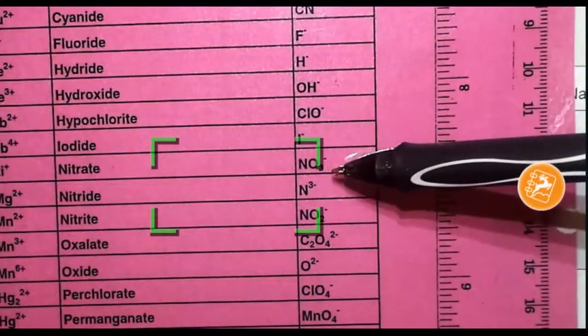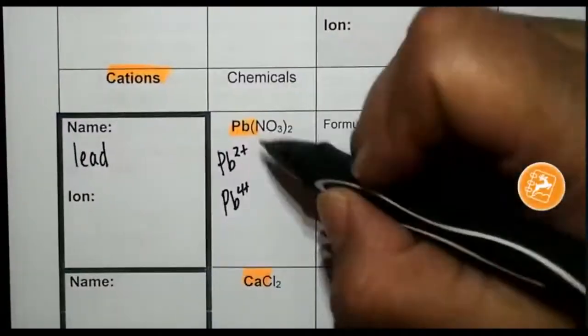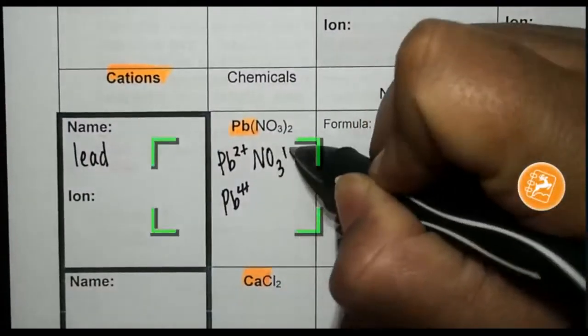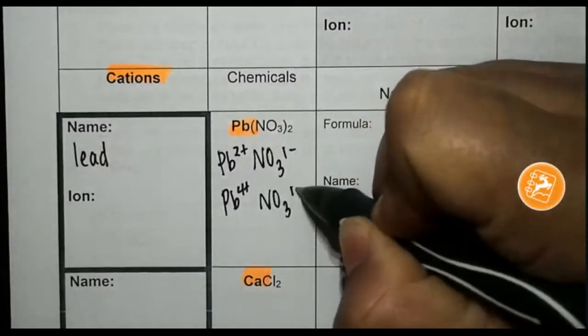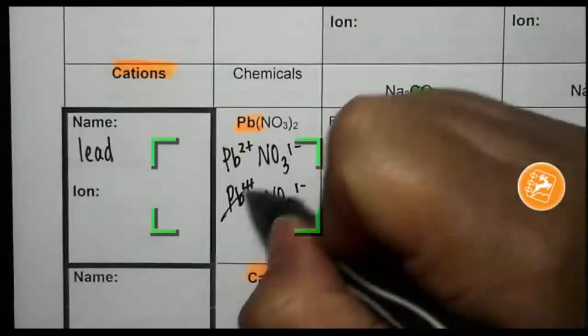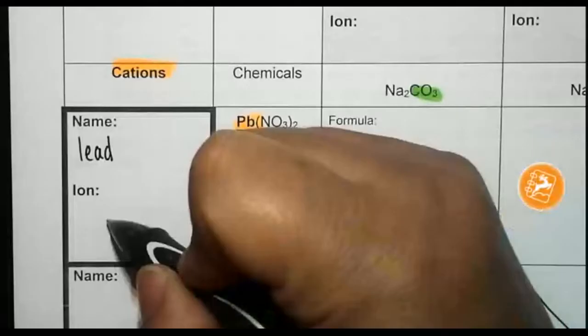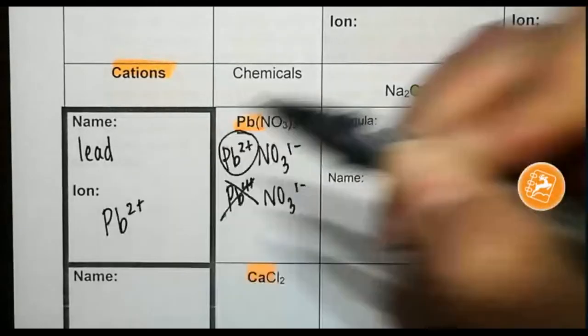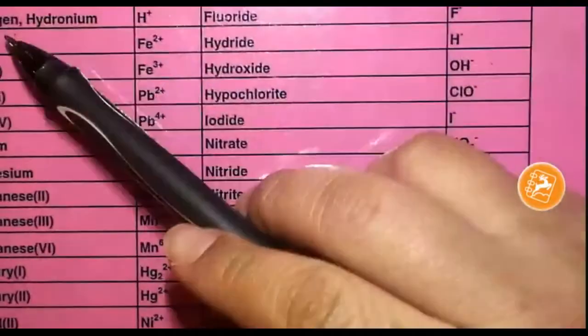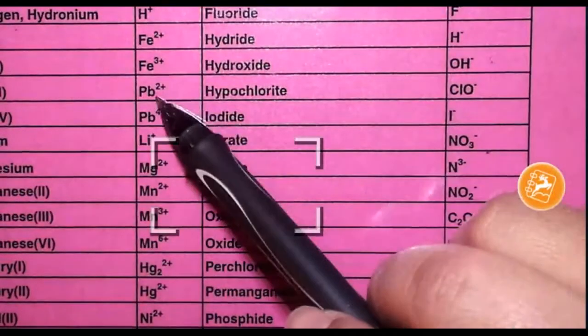Nitrate is NO3, 1 minus. So it can't be this one, it has to be this one. So this is Pb2+, and the name is lead, Roman numeral 2.